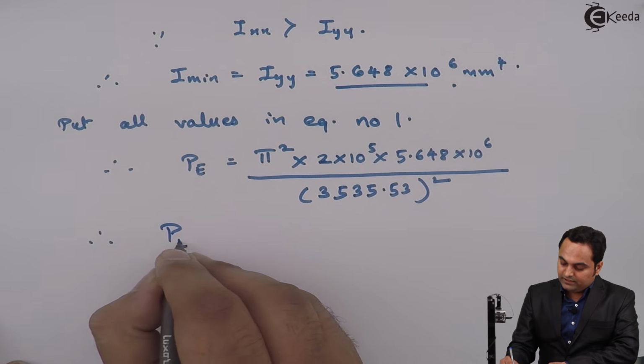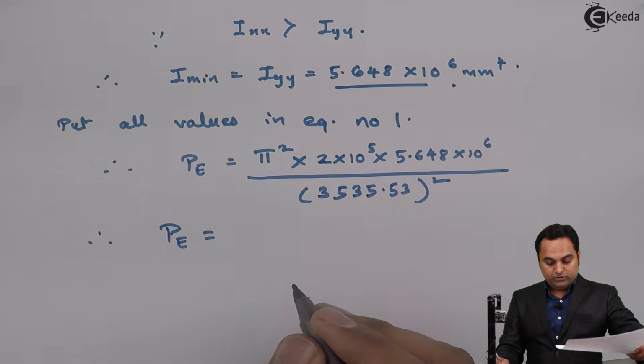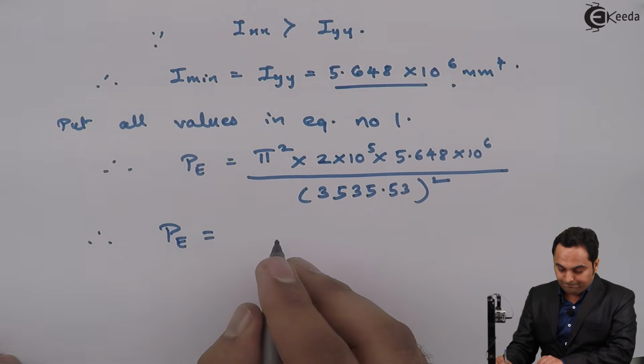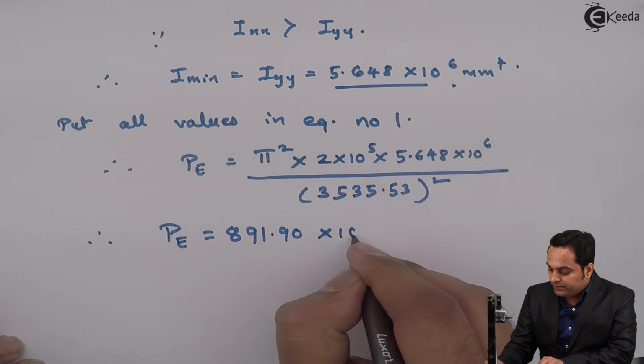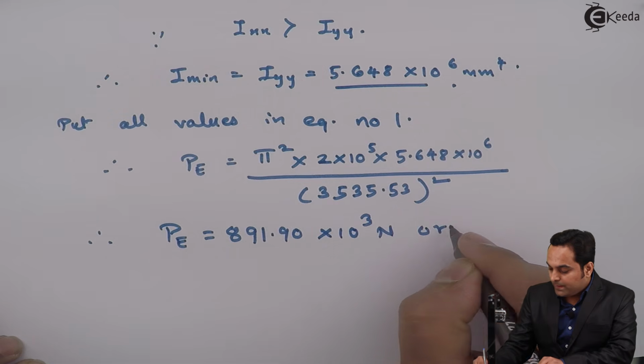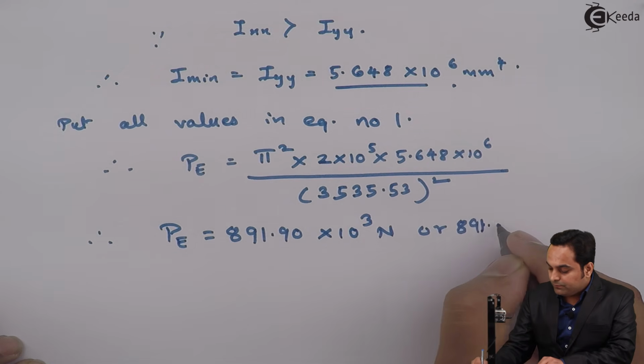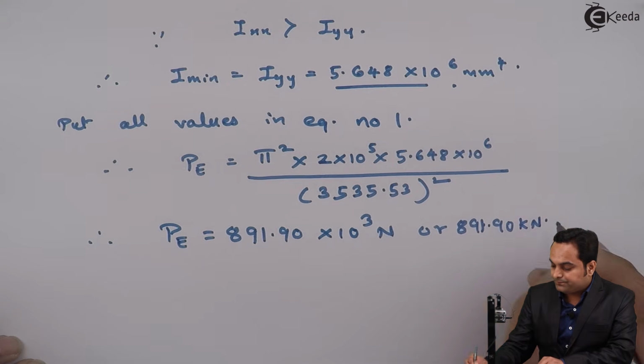So from this I'll get the answer of Euler's load, which comes out to be 891.90 into 10 raised to 3 Newton, or 891.90 kilonewton.